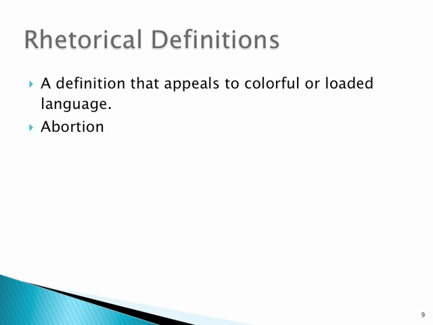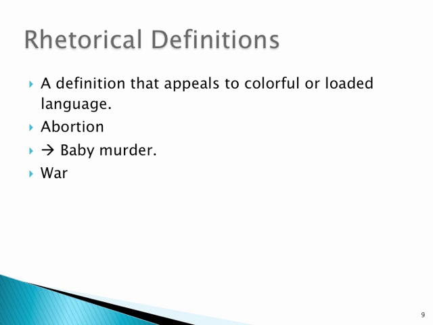Think about a rhetorical way to define abortion. A neutral way might be the termination of a pregnancy, but if you are pro-life and very vehemently against abortion, you might define it as baby murder.